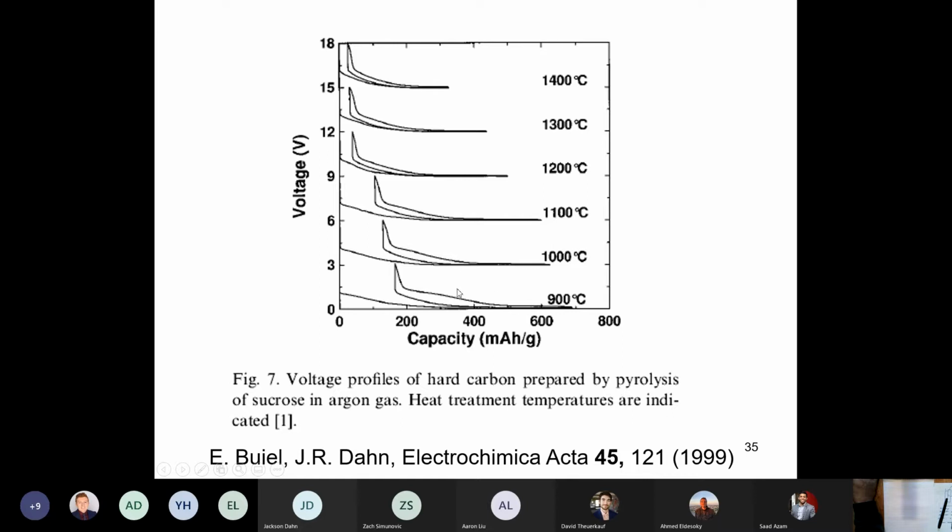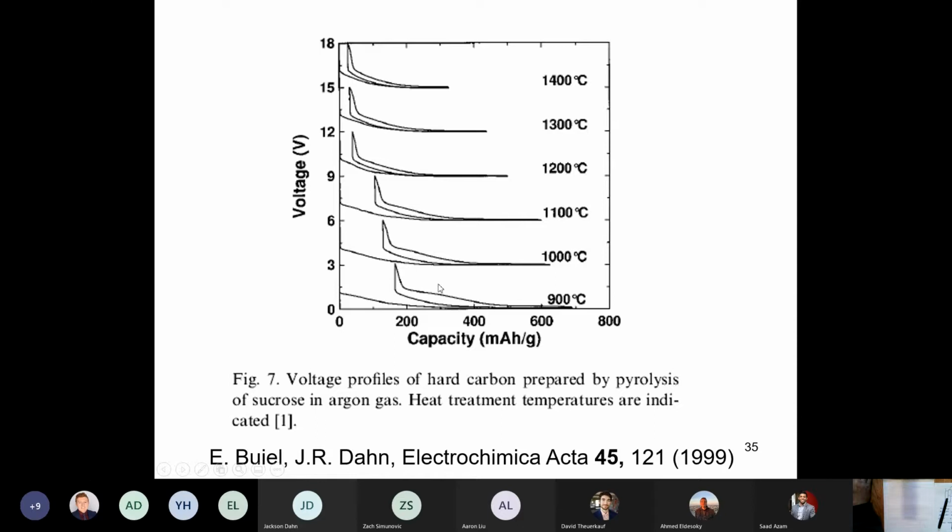There are a few things you can notice happening to the voltage curve. The first is this region showing hysteresis gets smaller and smaller, and by 1200 degrees C it looks pretty reversible, without a large gap between charge and discharge.